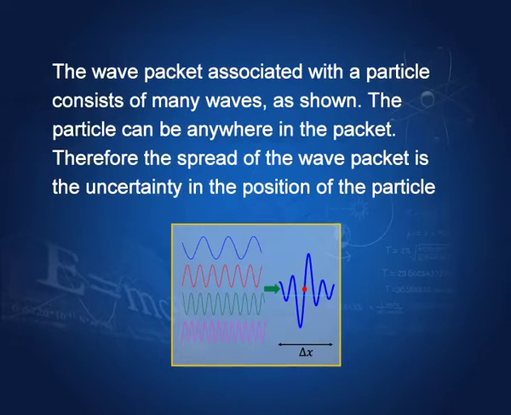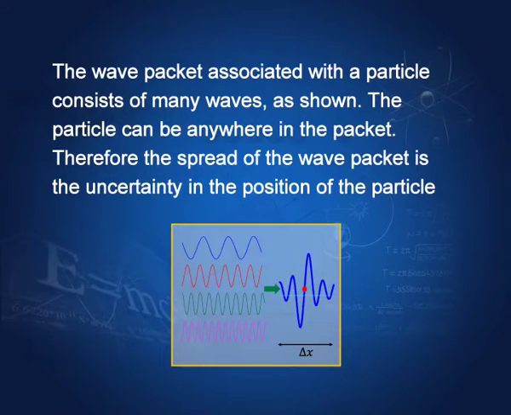This wave group consists of several waves. I have just shown 4, but it consists of several waves. All these waves combine to form this wave group, and the particle is somewhere inside this wave group. Therefore, one can say that the extent of this wave group is the uncertainty in the position of the particle, that is, delta x.